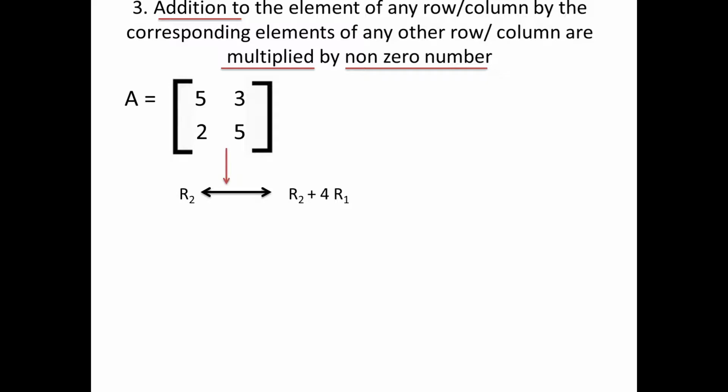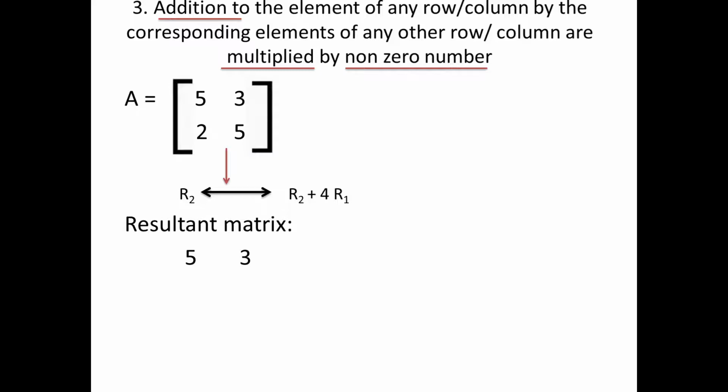So what will I get? You can see here that in the resultant matrix, the first row will remain the same, 5 and 3. Why? Because no change has taken place in that row. So what are the elements of row 2? The first element of row 2, that is A21, is 2. So it is to be added to 4 into the element of row 1, that is 5.